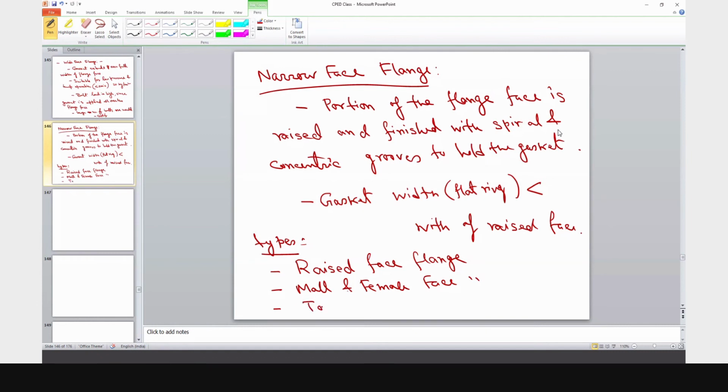We will show all these. This is the types of the narrow face flange.